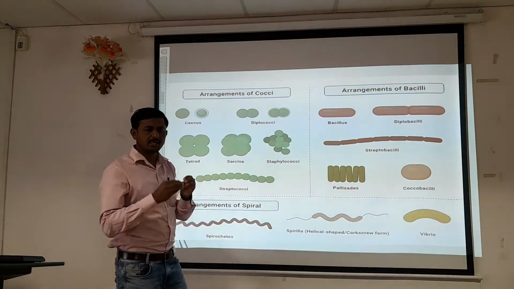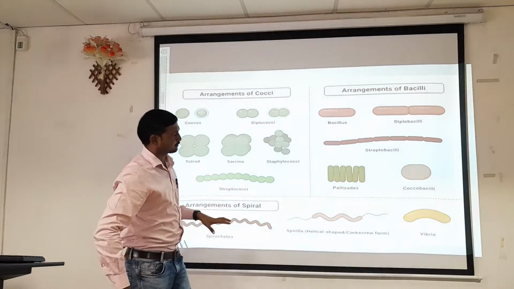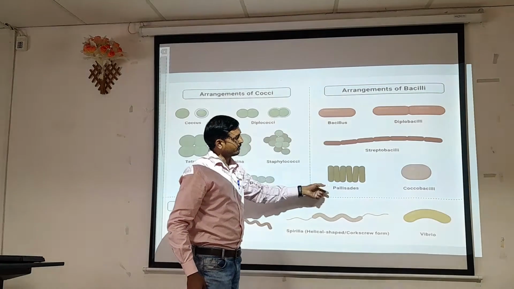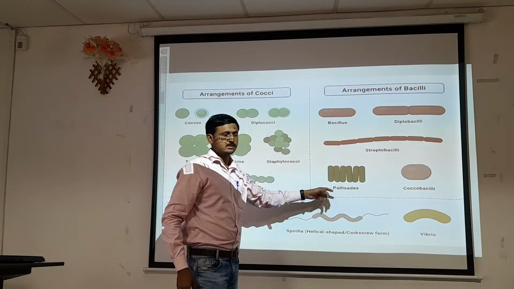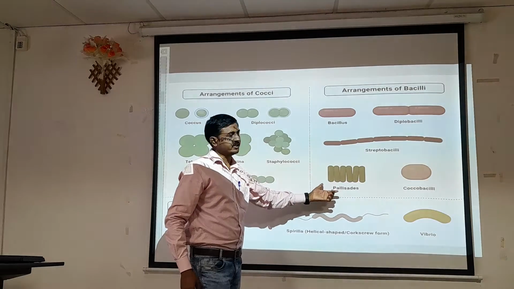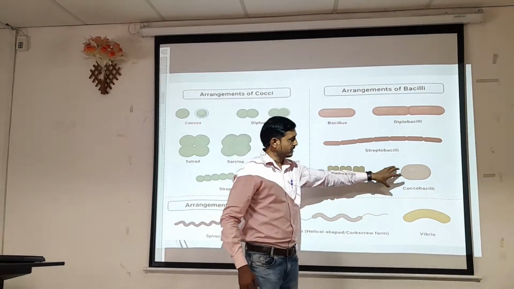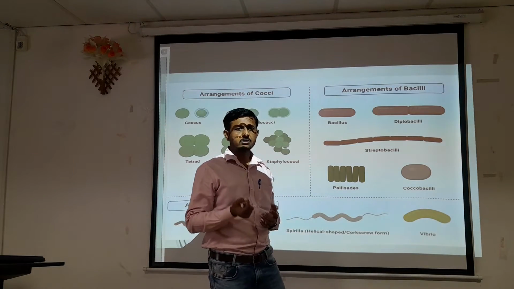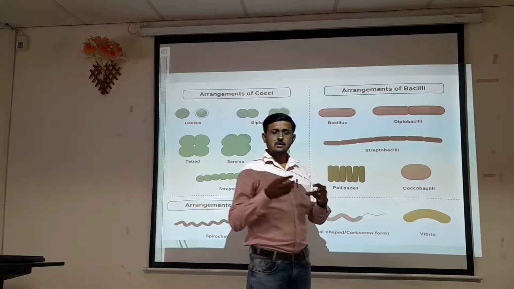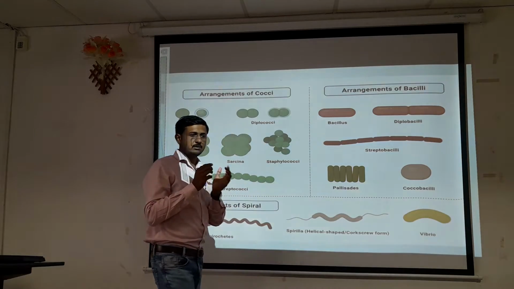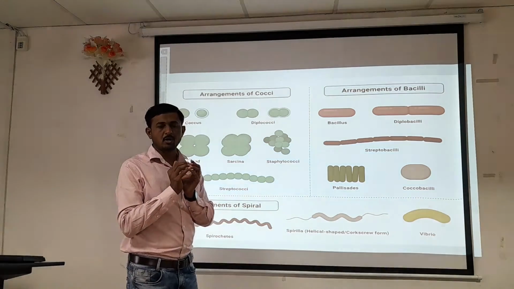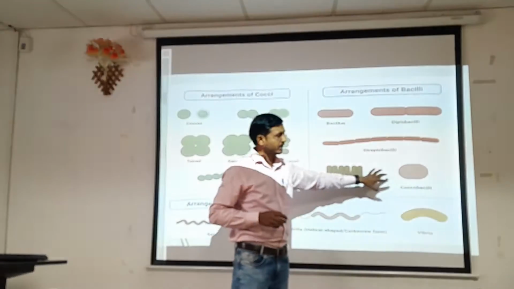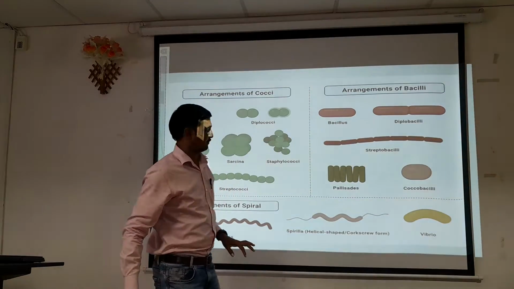Typically they are clearly observed under the microscope. There is an arrangement of palisades. If the bacilli are arranged in this manner, they are called palisade. Short rods are a somewhat confusing structure: cocobacilli. Their structure is somewhat rod in shape, so they are called cocobacilli.